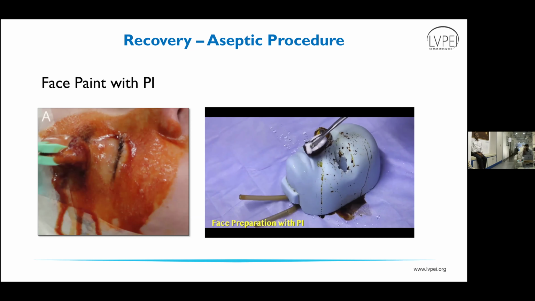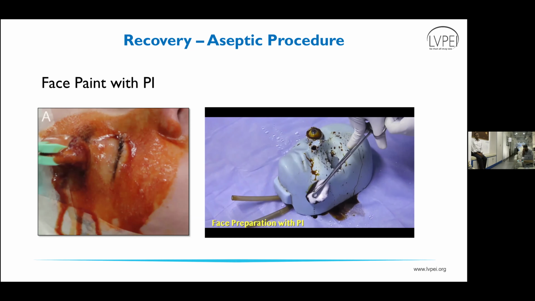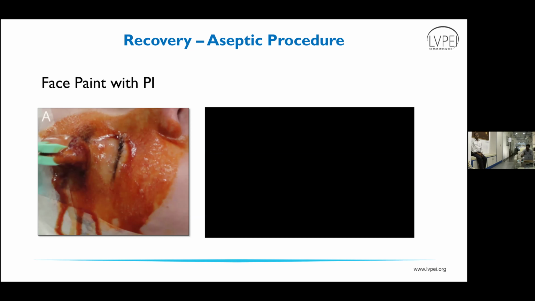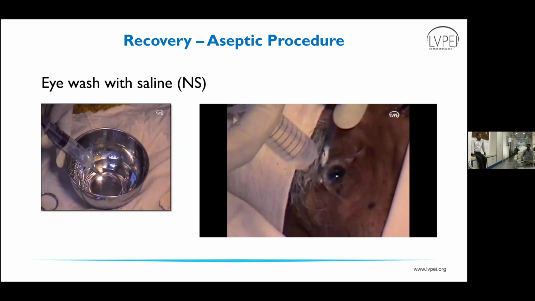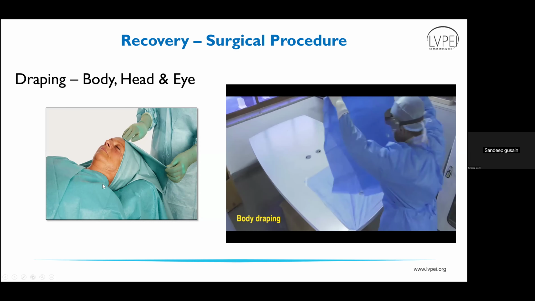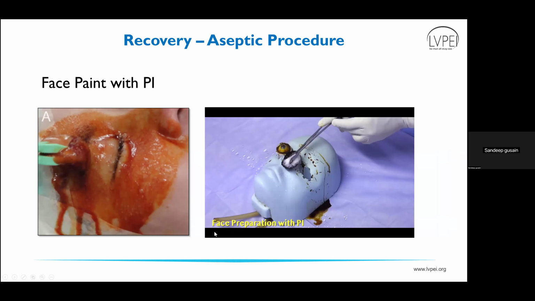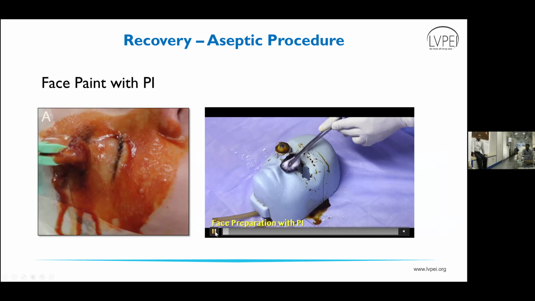Start from the eye, the facial skin. We have to paint the facial skin with povidone like how we see in the video, in 5 lines. First we do the face paint over the eye.